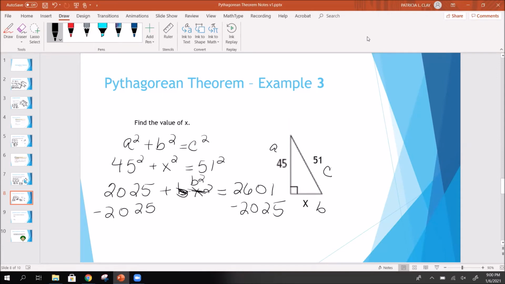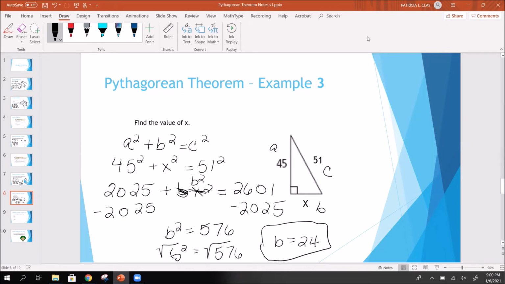Okay, so now we're left with b squared is equal to 576. So now we take the square root of both sides. And so B is equal to 24. Okay? So if they ask you for A or B, one of the legs, then that's how you go about solving it. Okay? And just subtract.